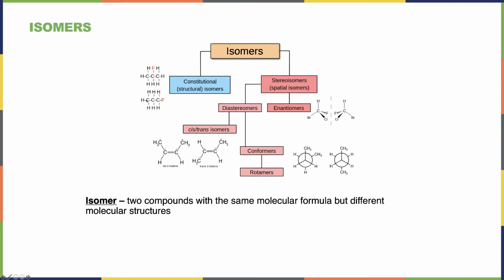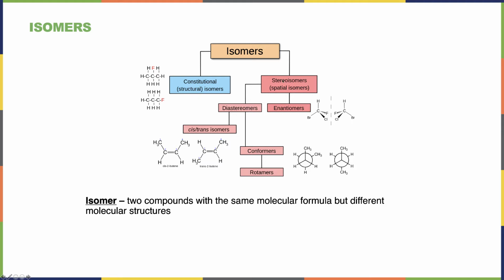Now, if this F were on this carbon, it would still be the same compound because it would just roll over. But when it's here, it's different. Now, these two will have different chemical properties, different names. There'll be ways of identifying these two compounds. So these are constitutionally different, structurally different.